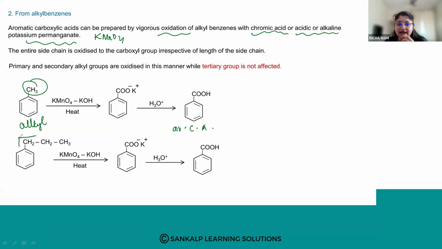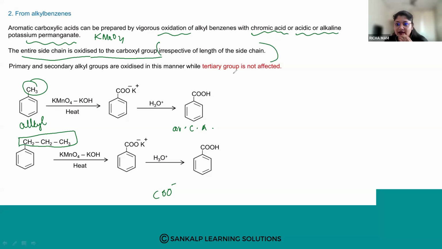Then in the second example, you can see there is a long chain alkyl group. Okay, you have a propyl group. So irrespective of how many carbon atoms are present in your side chain, this is going to convert into a carboxylic group, that is C double bond O. So you can read this: the entire side chain will be oxidized to the carboxyl group irrespective of the length of the side chain.